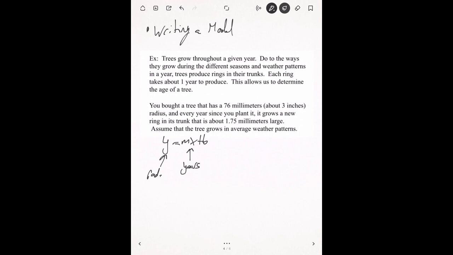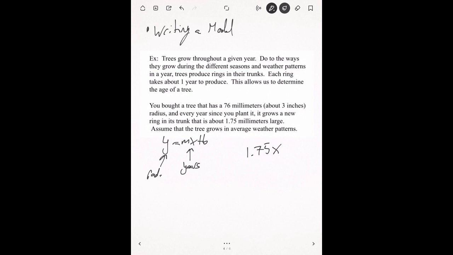So let's think about this. Every year, how much do I change in diameter? What's my rate of change? Well, I add 1 3/4 millimeters every year with a tree ring. So let's see, that might be my slope, 1.75. Yeah, that should be my slope. So for every year, I would have 1.75 added onto it.